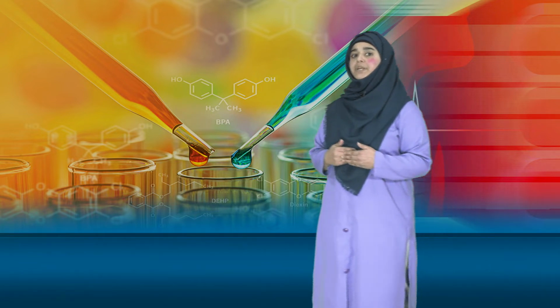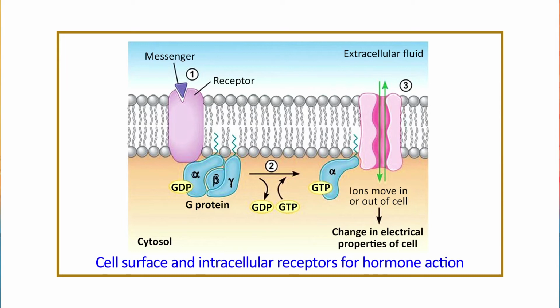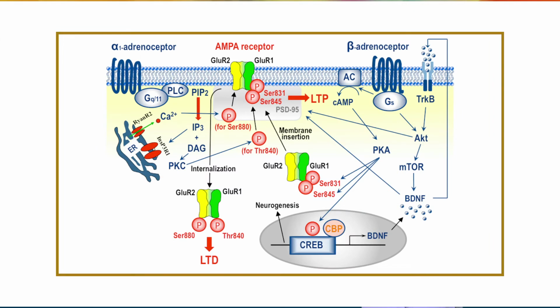Hormones can be grouped into 2 categories according to the location of its receptor at the target cell, either on the cell surface receptors, or intracellular at the level of the nucleus, nuclear receptors. Most peptide hormones bind to cell surface receptors, while the amino acid derivatives and steroid hormones are usually ligands for nuclear receptors.